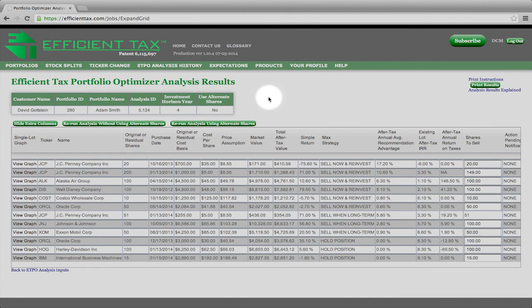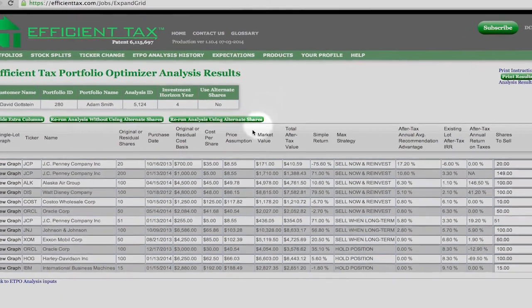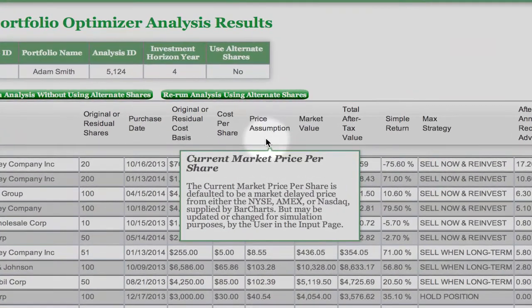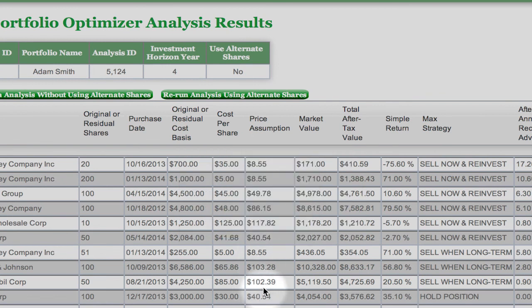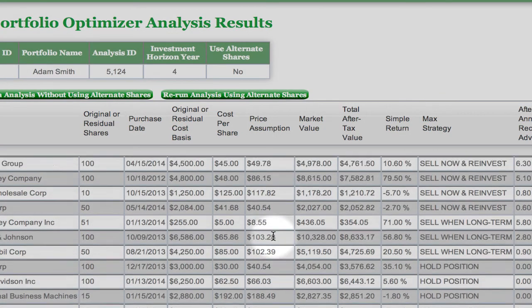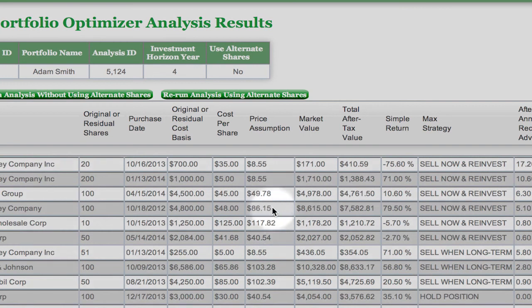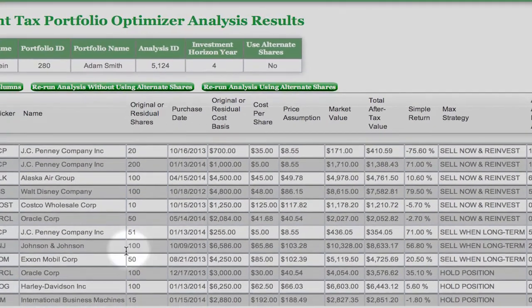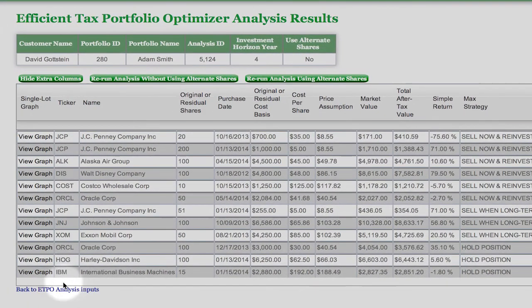Now let's start by identifying all the other Efficient Tax Portfolio Optimizer analysis outputs, starting with the price assumption. We default current delayed market pricing as an automatic input for the price assumption in the input page, supplied by Bar Charts Incorporated. If a more current price is desired, or a simulated price to test what price would justify a sale, it would have to be provided by a user independently on the input page as a position input.